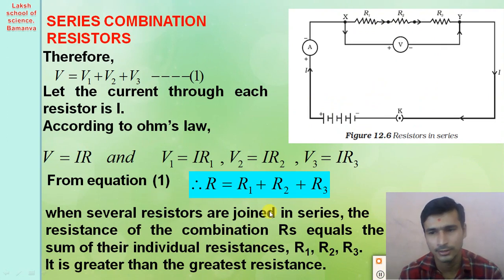So dear students, now we will understand one example regarding this series combination of resistors, so that we can easily understand how we can find the electric current passing through each resistor and the different potential differences across each resistor.